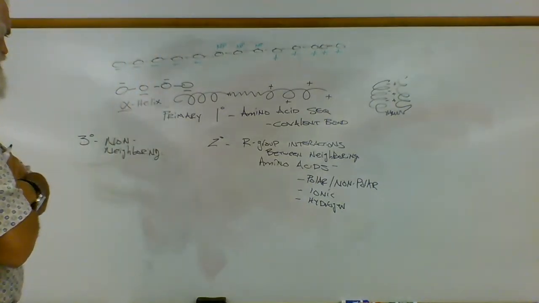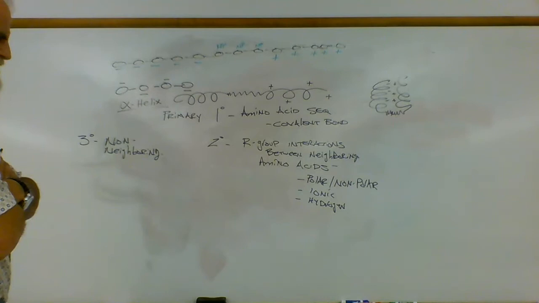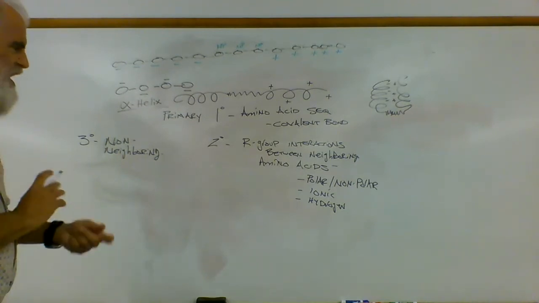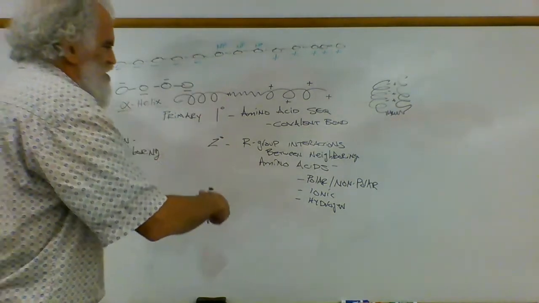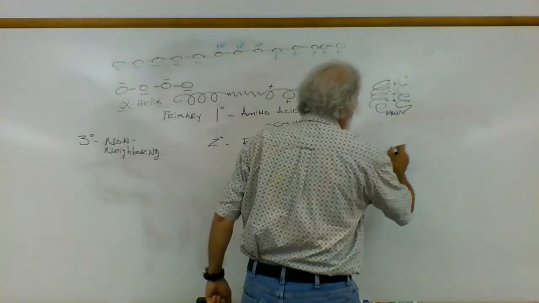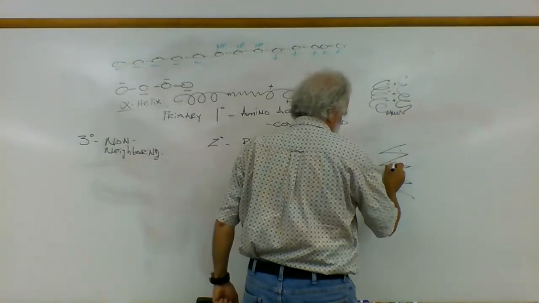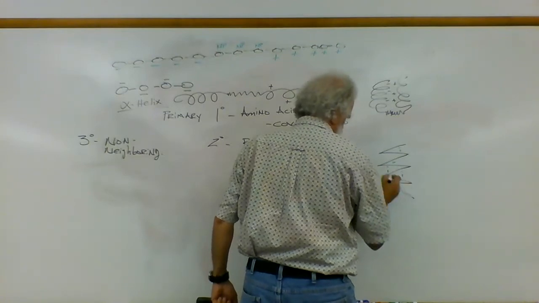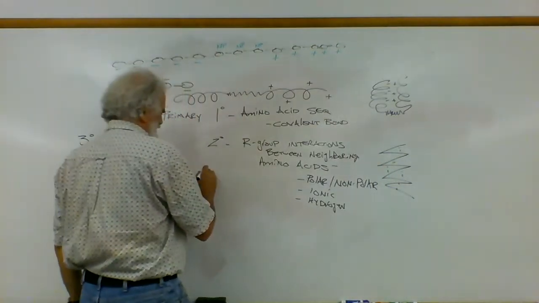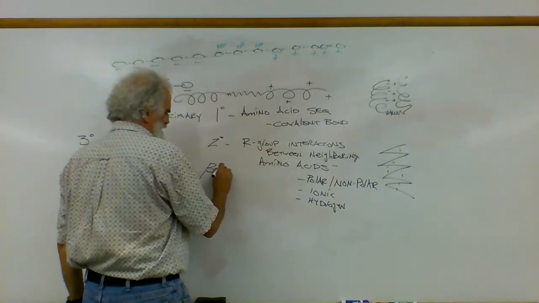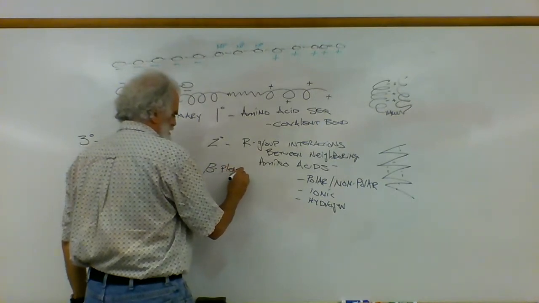Another structure that I didn't throw in, and I'm going to mention it here just in case you see it, in the secondaries, is that in addition to forming spirals, you can also form a hydrogen bonded zigzag, where you've got hydrogen bonds holding this thing together. That's known as a beta pleated sheet.